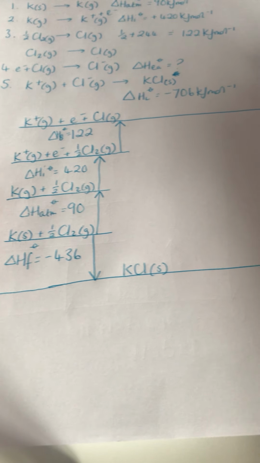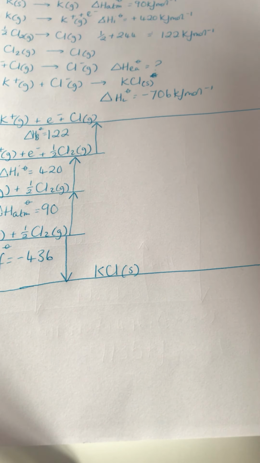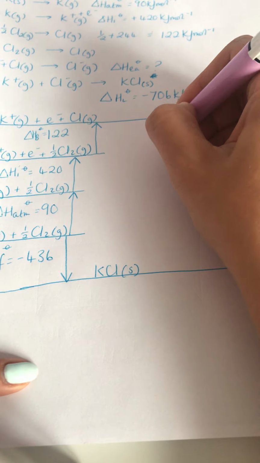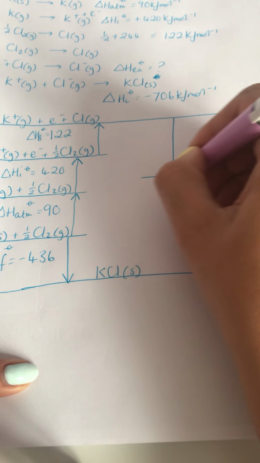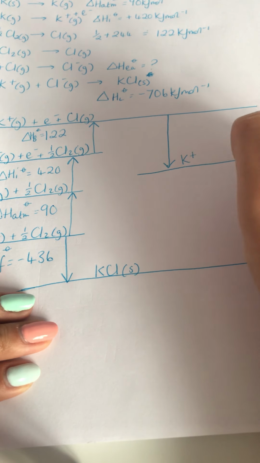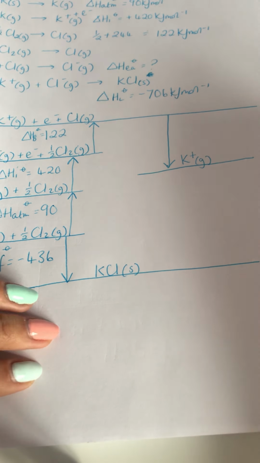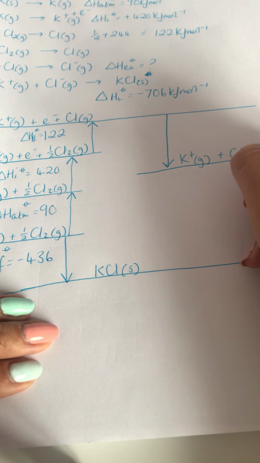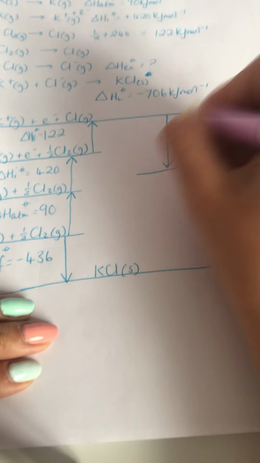And then I'm going to go to the other side because it's an electron affinity. I know it's going to be a negative value, and I haven't got it yet, but I'm going to have to work out the electron affinity. So to go from Cl to Cl minus, I'm going to have K plus and Cl minus both as gases. That's the answer that I want.